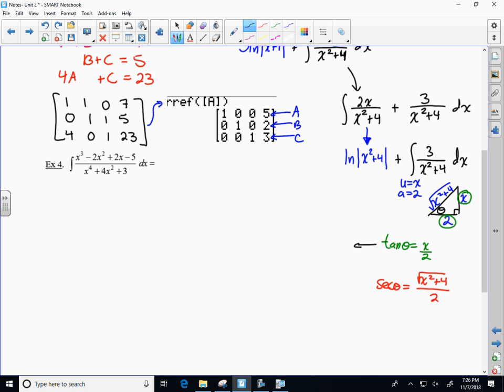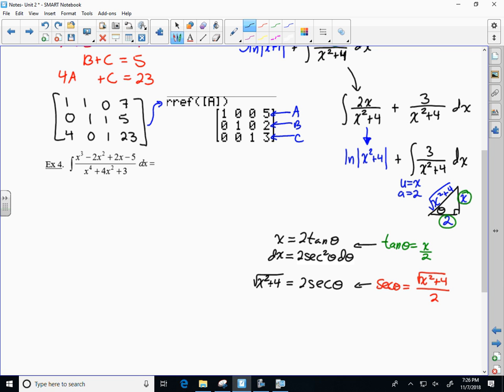This one I'd clean up to write x equals 2 tangent theta. dx would then be equal to 2 secant squared theta d theta. The other one we just have to clean up a smidge, and that would be radical x squared plus 4 equals 2 secant theta, sorry.